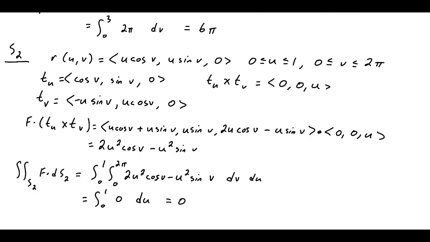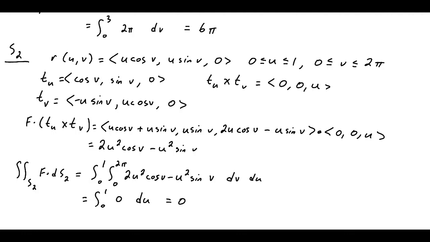Now, let's think through what surface 3 would look like. Our parameterization would be the same as surface 2, except for the z component, because in that case, there is a fixed z component of 3 at the top of the cylinder. However, changing that 0 to a 3 does not change t_u or t_v. It also doesn't change the vector field.